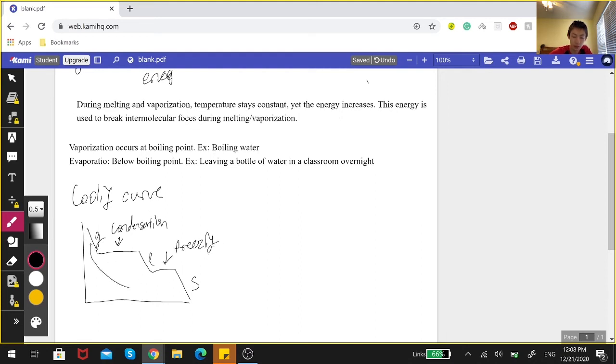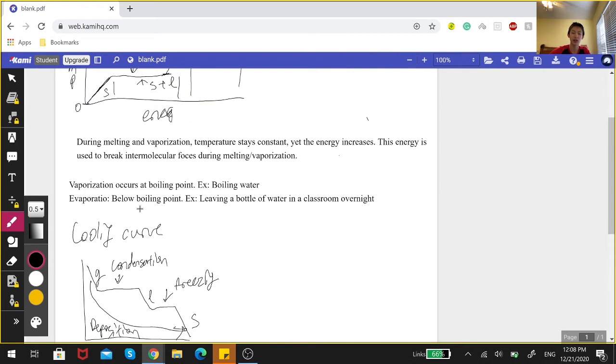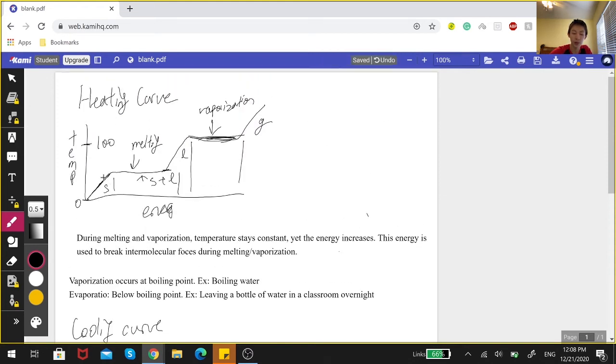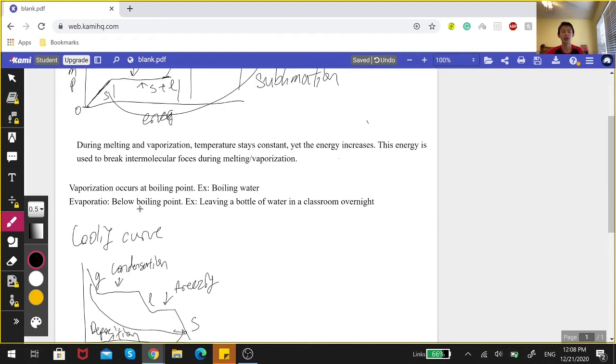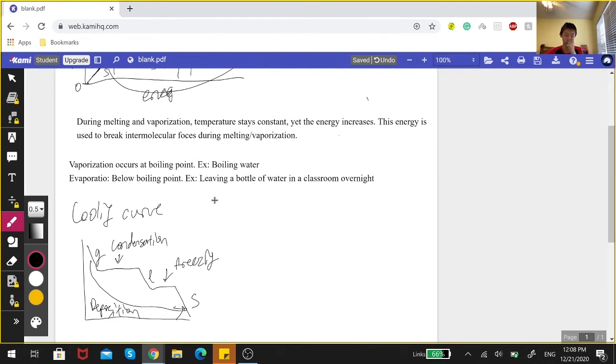From gas straight to solid, we call this deposition. And if we go from solid straight to gas, we call that sublimation. This is how heating and cooling curves look.